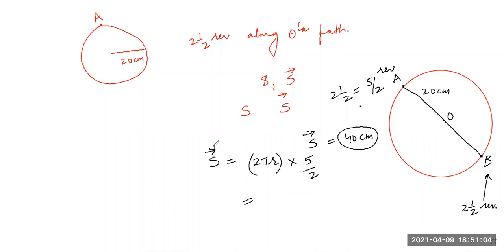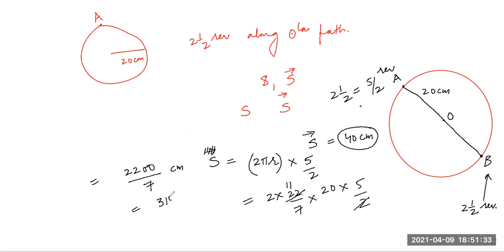So, sorry, not displacement, but distance traveled will be 2 into 22 by 7 into r, which is 20, into 5 by 2. So 20 into 5 is 100, and this is 2200 divided by 7 centimeter. So this will be equal to 314 centimeter.